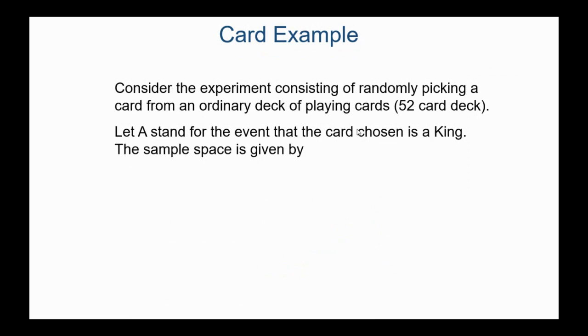The sample space is given by, well, before I show it, can you think of a way to summarize what you could get when you draw from a deck of cards?